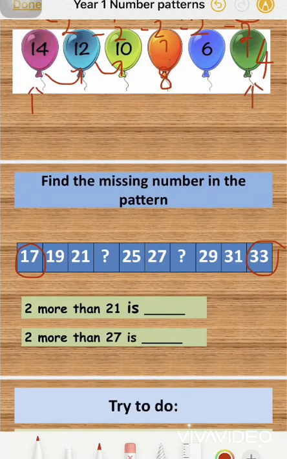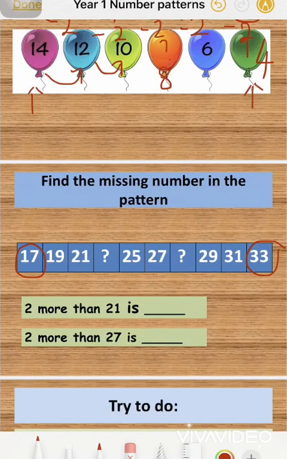Alright, so when we count on, look at the first number, 17 to 19. Count on, that means you have to plus, right? If count back, you need to minus.